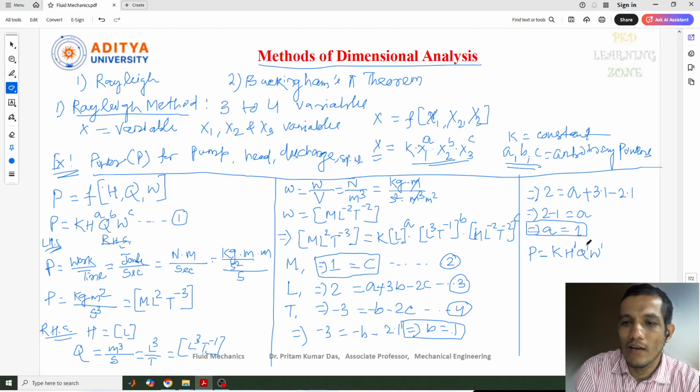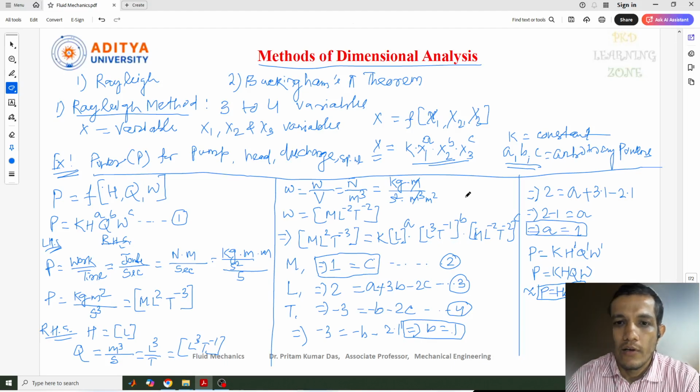And to the power 1 is nothing but no value will be there. So finally we can write p equal to, and this constant value also, by doing a number of experiments we can find out the value of the constant k, and sometimes they say the value of constant k equal to 1 also they have identified, or else we can keep it as k into h into q into w, or sometimes they write p equal to h, q and w. So this is the final correlation.